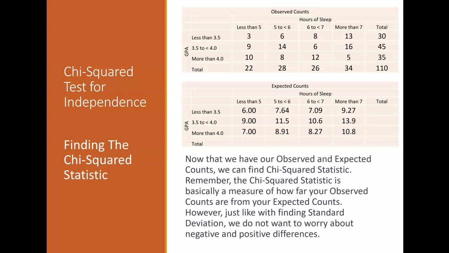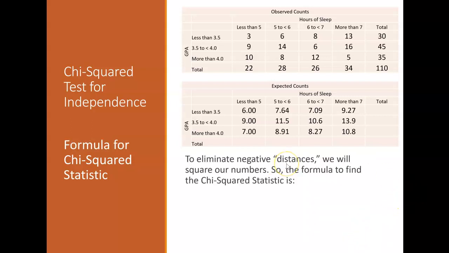Now we can begin to calculate this chi-squared statistic. We have our observed counts and our expected counts. We've satisfied the randomness and large counts criteria. Let's just go ahead and do the calculation.